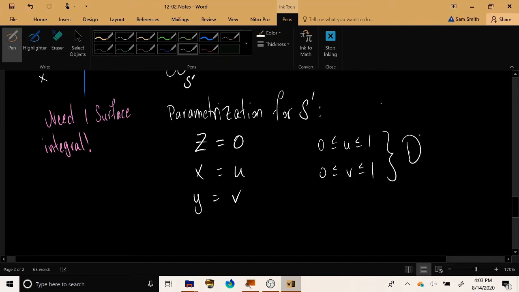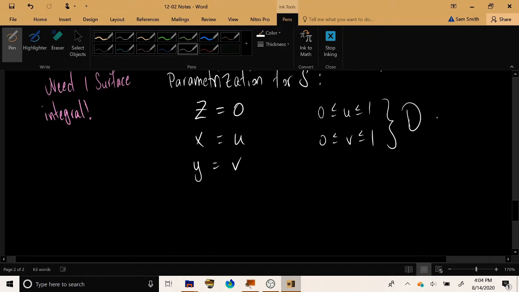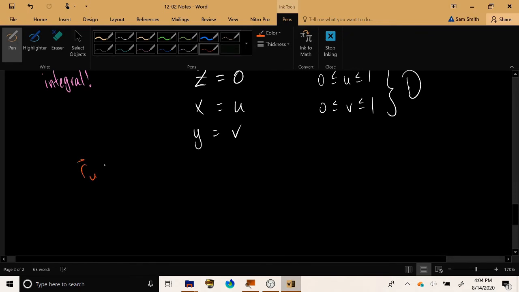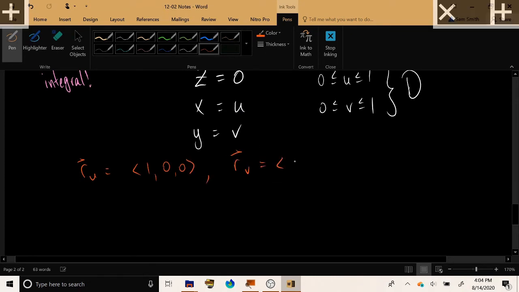This is the set of all u's and v's. Now based on that parameterization, we have a ru, which is 1 for x and 0 for the rest. We have an rv, which is 0, 1, 0. So i and j.